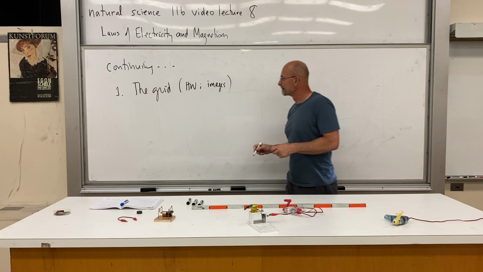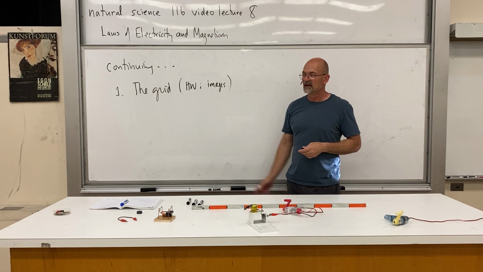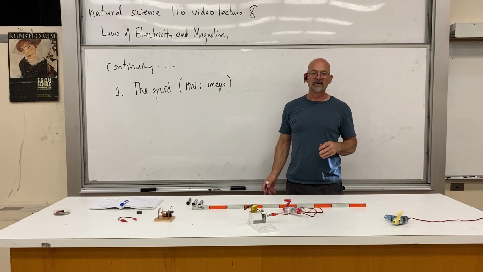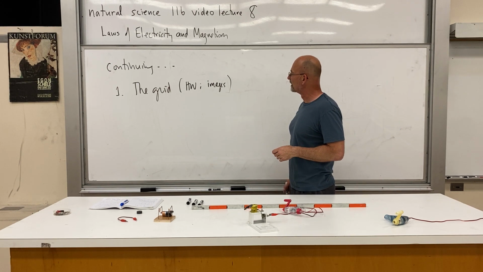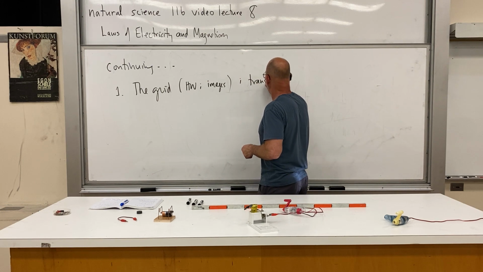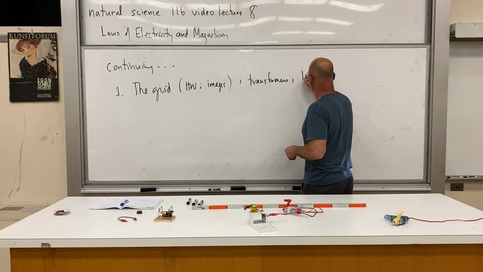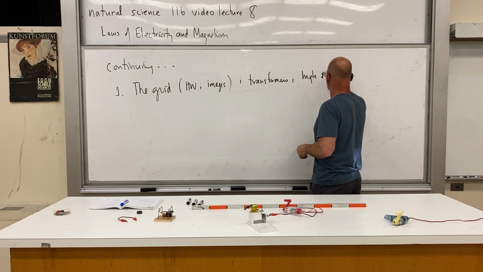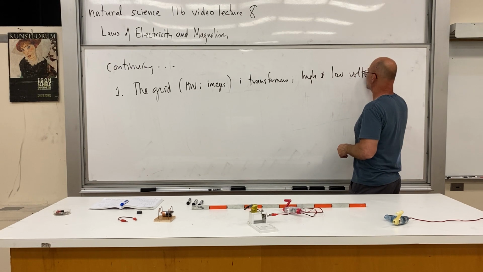Okay. So the grid goes all the way from the power generation to our house. There's some interesting information on high voltages and low voltages and transformers. So transformers, high and low voltage. We'll see how much of this we do, okay?